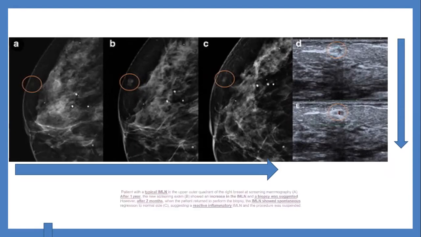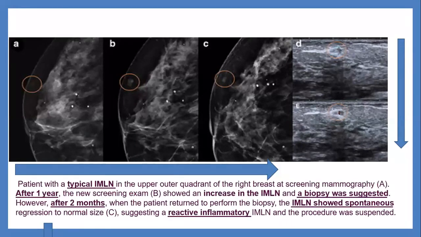I'll let you know the story. The patient with a typical intramammary lymph node in the upper outer quadrant had screening mammography. After 1 year, the new screening exam showed increase in the intramammary lymph node and biopsy was suggested. However, after 2 months, when the patient returned to perform the biopsy, the lymph node showed spontaneous regression to normal size because it was a reactive lymph node.